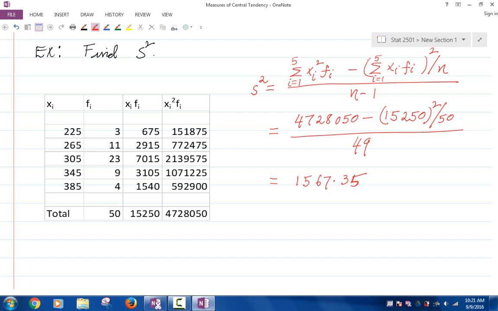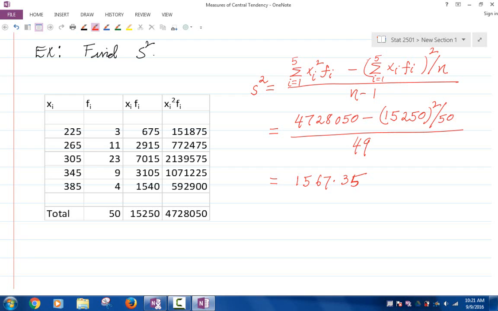Now you take the sum of xi fi, you get 15,250, and then you take the sum of xi squared times fi, and this is what you get: 4,728,050.